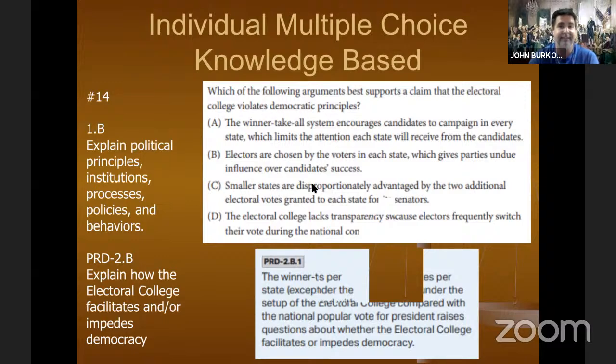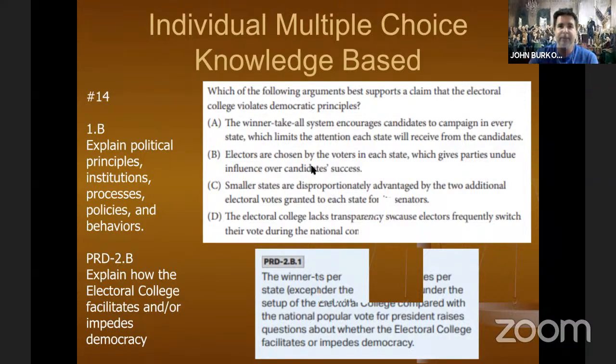The smaller states are disproportionately advantaged. And that's one of the big arguments about the Electoral College. This in particular: the Electoral College lacks transparency because electors frequently switch their vote during the national. That's one of those. There it is.